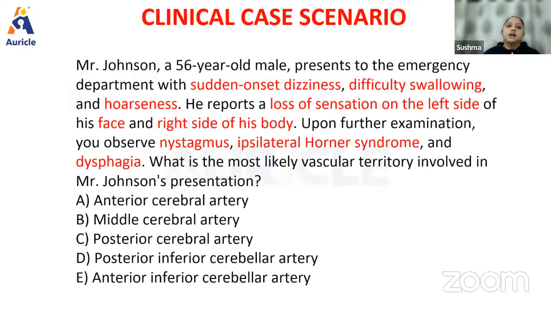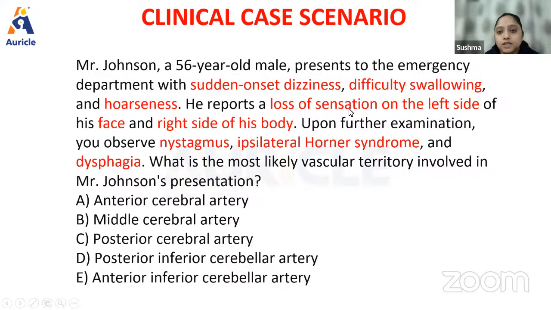Let's look at a clinical case scenario. We have Mr. Johnson, about 56 years old, who presents to the emergency department with sudden onset dizziness. The patient also has difficulty in swallowing and hoarseness of voice. Now I have a very big clue.